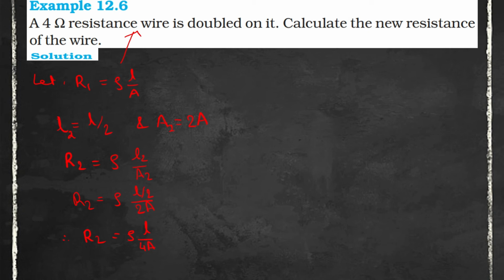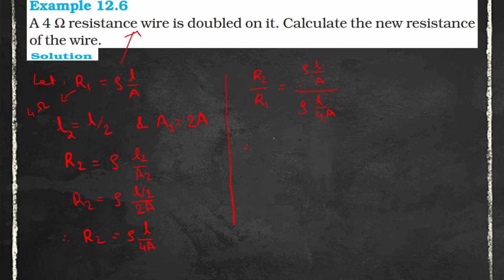Now what we have to find here? We have to find resistance of this second wire, which is R2, and we have the value of R1, that is 4 ohms. To simply find it, we will take ratio of R2 by R1, which will be rho L by 4A divided by rho L by A. So here rho L by A is common in numerator and denominator, except the 4.